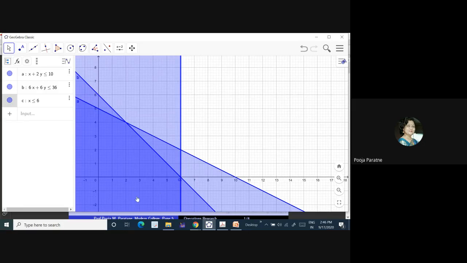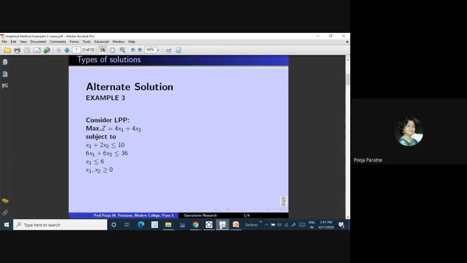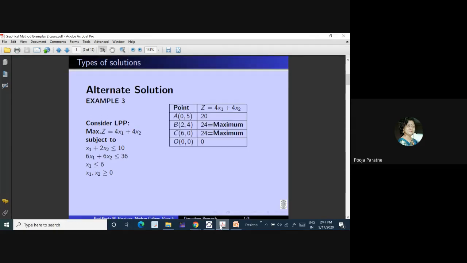Now let us find the value of the objective function at these points and see what we get. One vertex was (0, 5), so the value of z is 20.